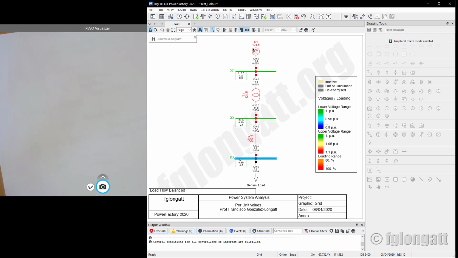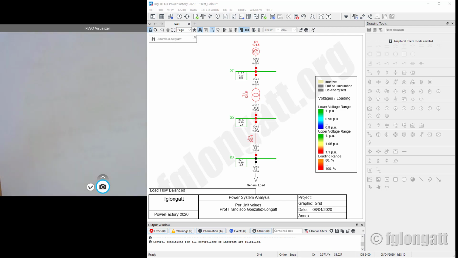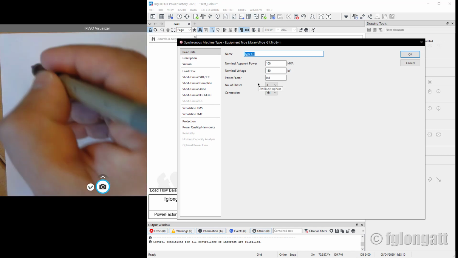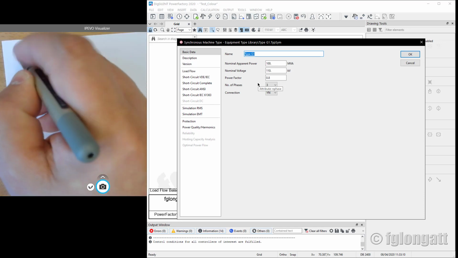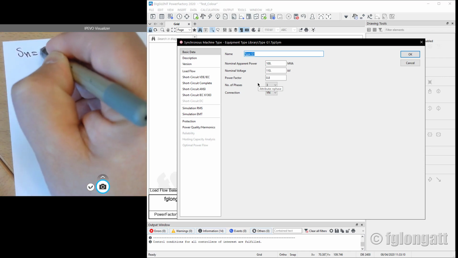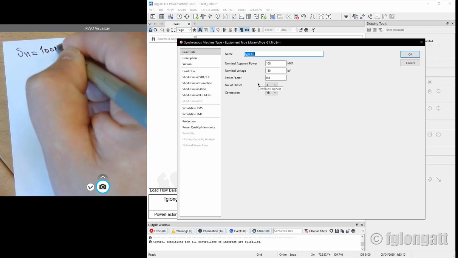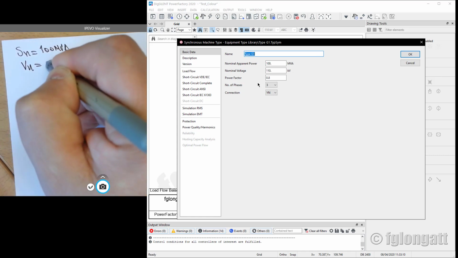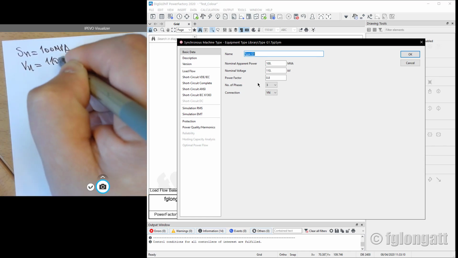Okay, very simple. If we open here the generator and we go to the type, you can see that the nominal power of this generator is 100 MVA, and the nominal voltage is 110 kV.